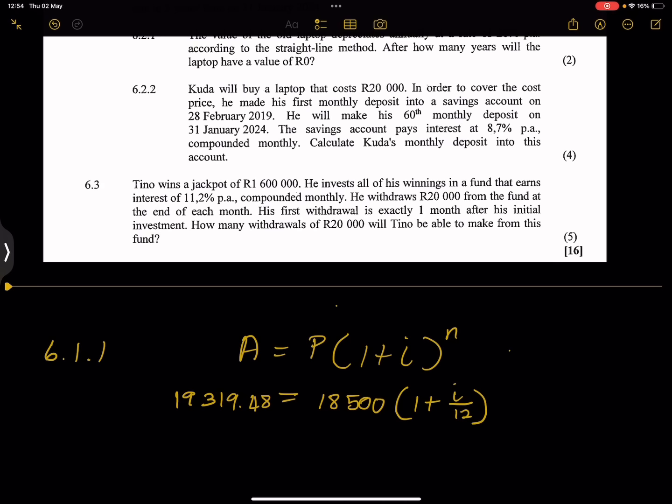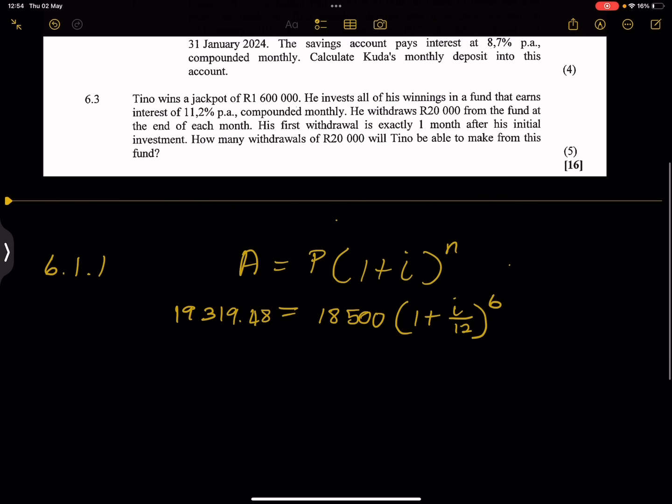So that's 0.5 times 12, so that would actually give us the number of months either way. Right, so in this case, we're simply going to divide. So firstly, let's divide by 18,500. Okay, so what we do on the left, we'll do on the right-hand side. Okay, that cancels with that.